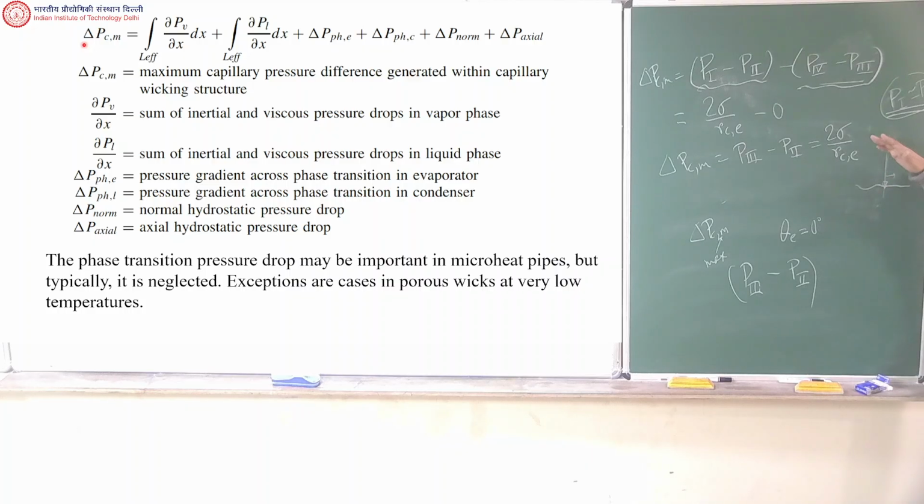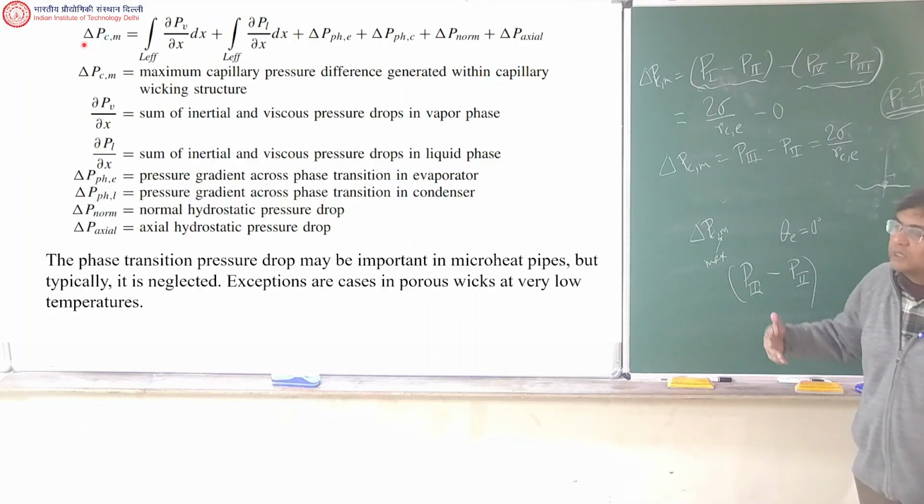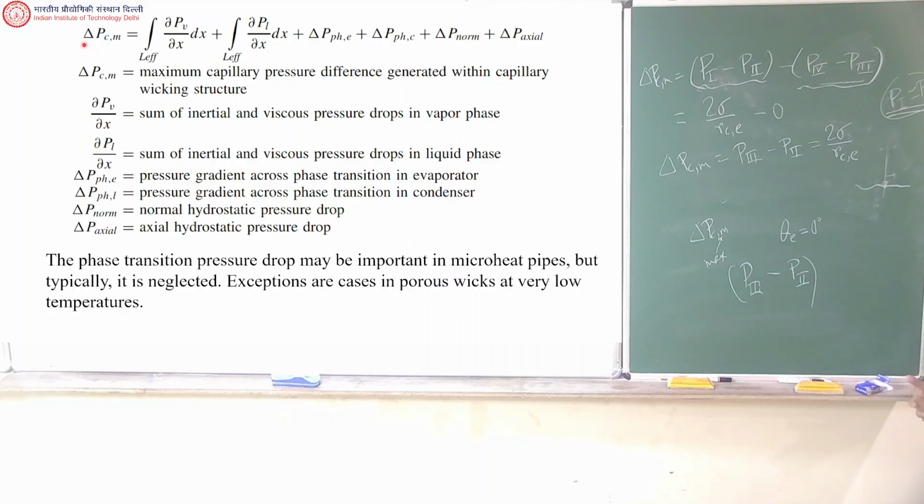There will be a sigma for the fluid-solid combination that you have, from surface tension information, and RC will come from the particular geometry of the wick. So you will know how much you can generate. Now, will that overcome all the terms on the right hand side? The right hand side are those pressure drops against which the generated capillary pressure has to work, correct?